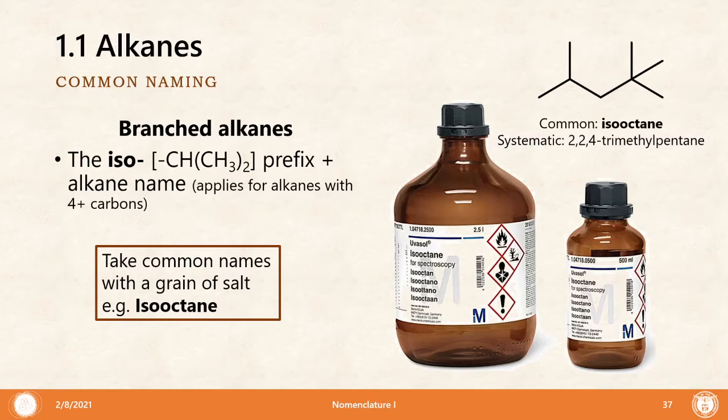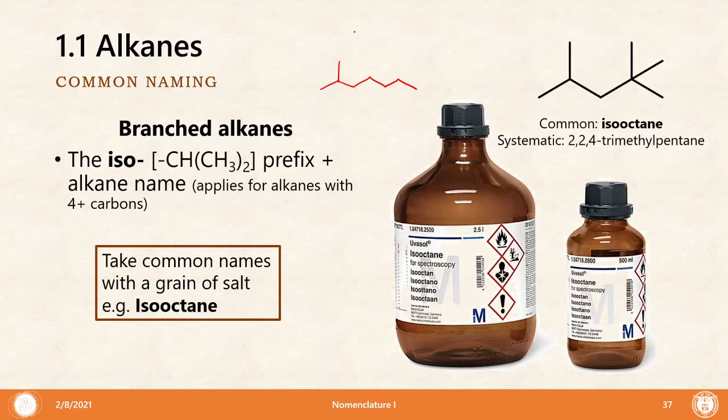You really won't be able to find a distinct pattern if you go on to higher weights of alkanes, for example, when you look at their common names. For example, isooctane. Isooctane might look like a long chain, 1, 2, 3, 4, 5, 6, 7, 8.